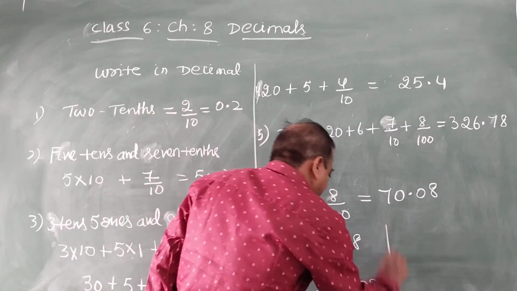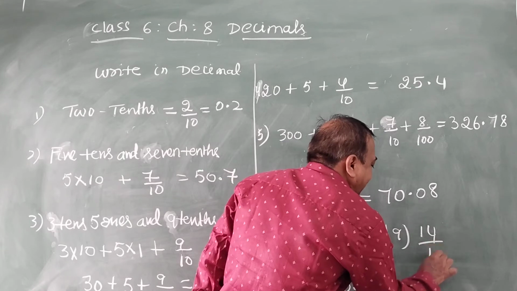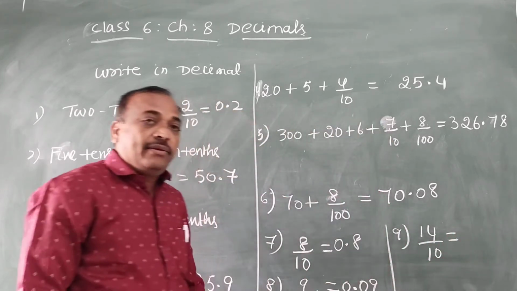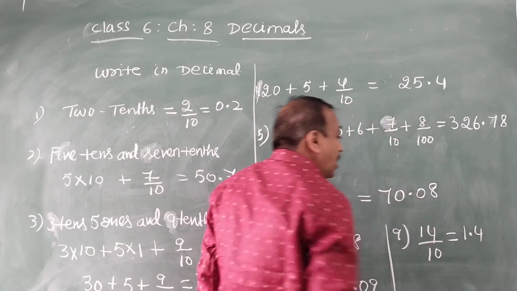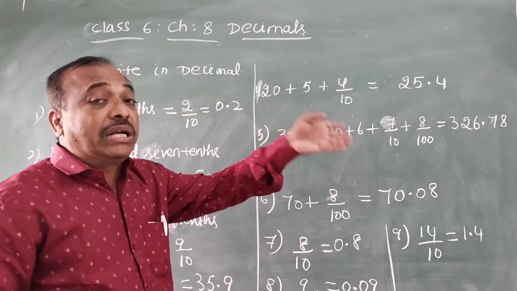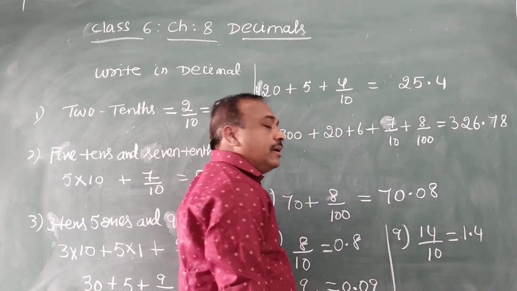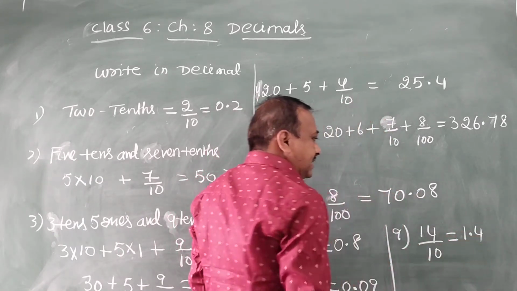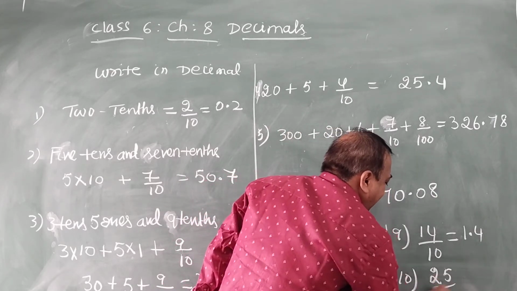Clear? One more question we see, 9th one. Like 14 by 10, if you have, then we can write it as 1.4. 1 tenths and 4 tenths. 10 ones and 4 tenths. Next, 25 by 100.